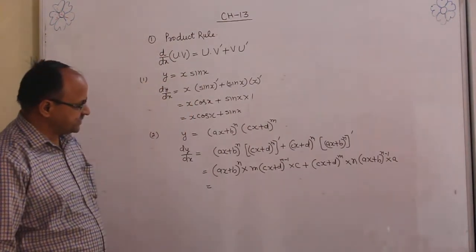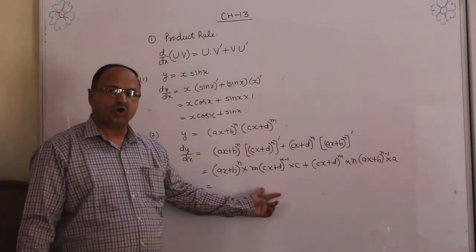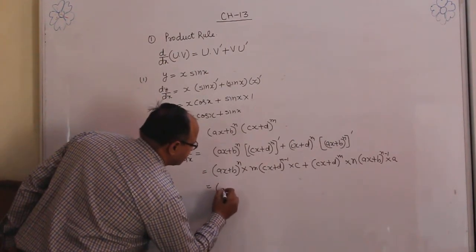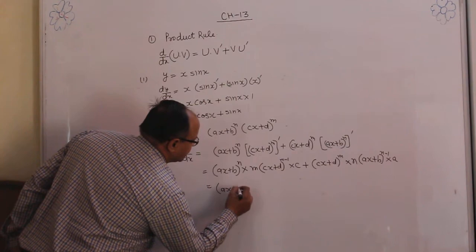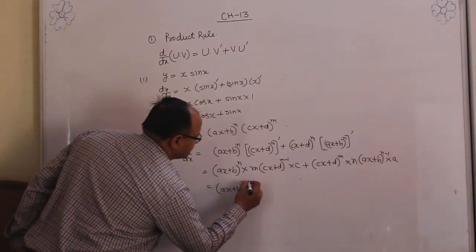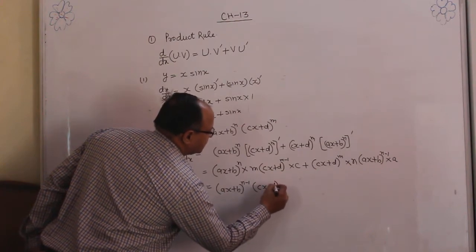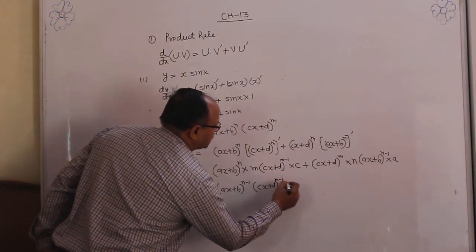Further, for simplification, you can take common (ax plus b) whole to the power n minus 1 and (cx plus d) whole to the power m minus 1.